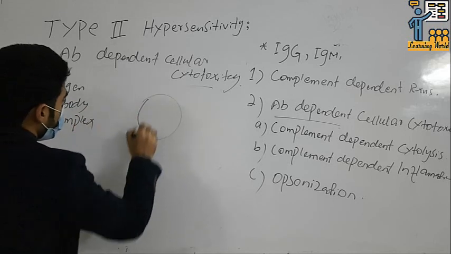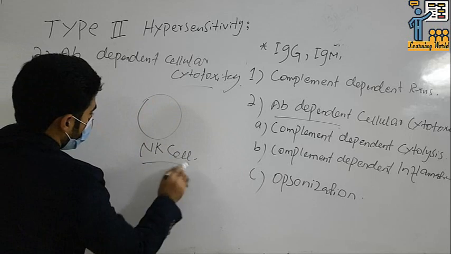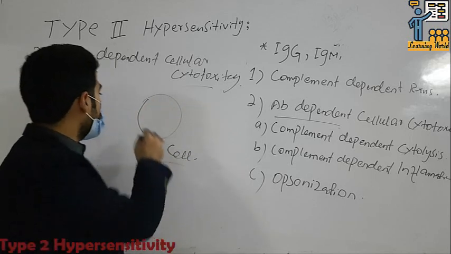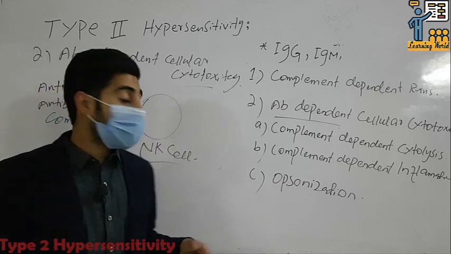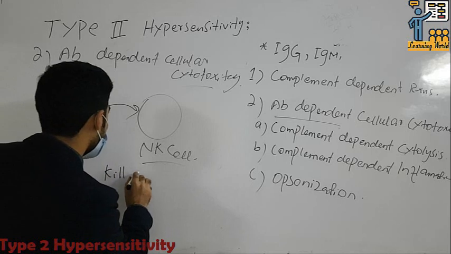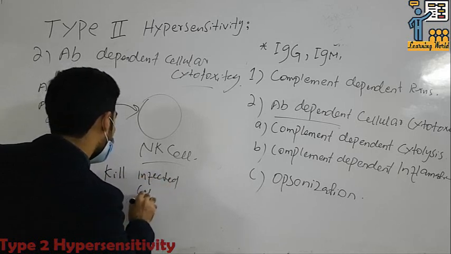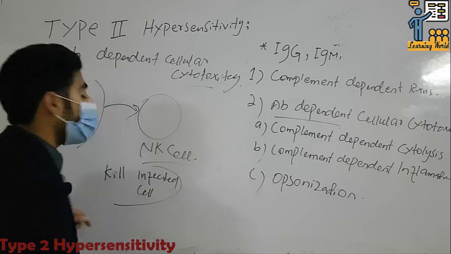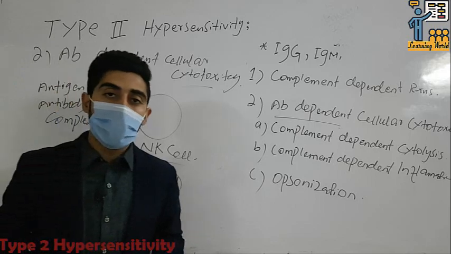Here the natural killer cell will engulf this infected cell, and destruction of this cell will occur. They will kill this infected cell and provide the immunity. So that's all about the type 2 hypersensitivity reaction.